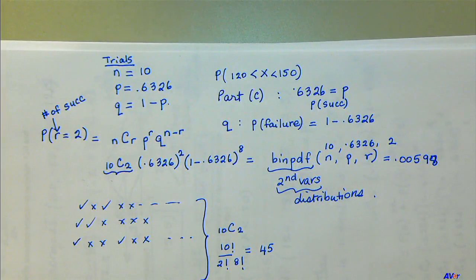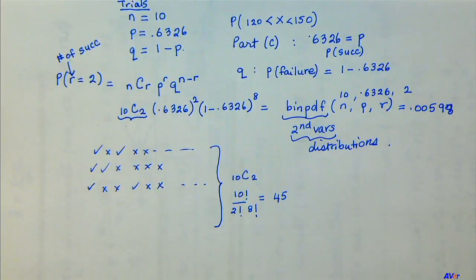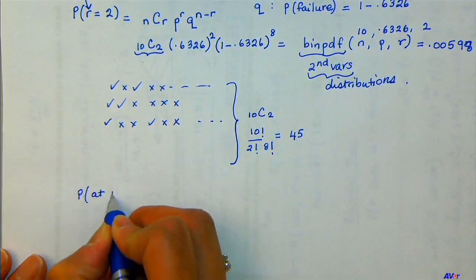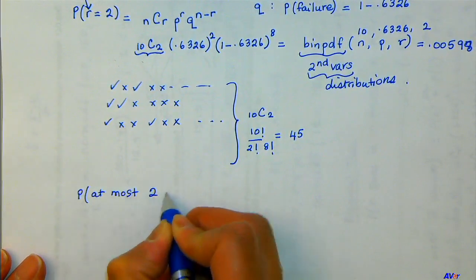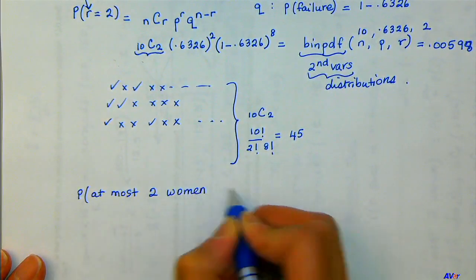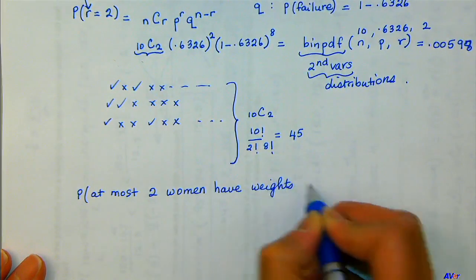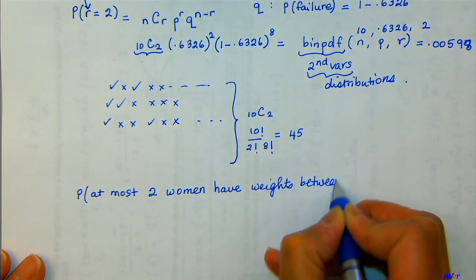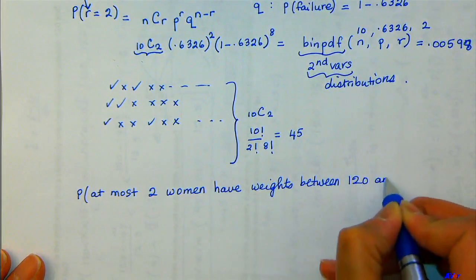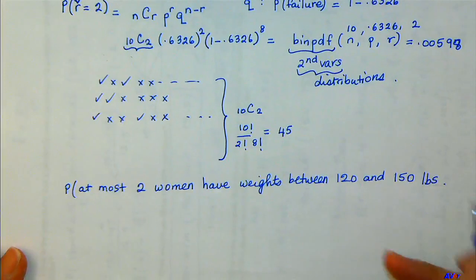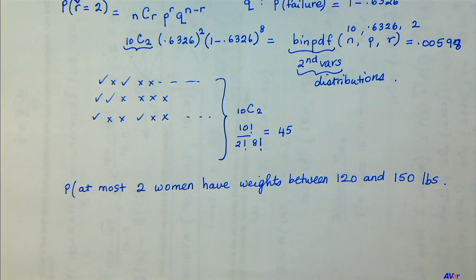Okay, the next question. I'm making this up, okay? So the next question says, find the probability of at most 2 women have weights between 120 and 150 pounds. At most 2 women. That means what?